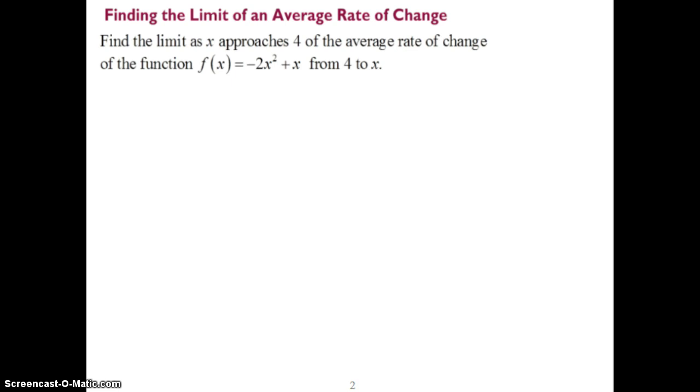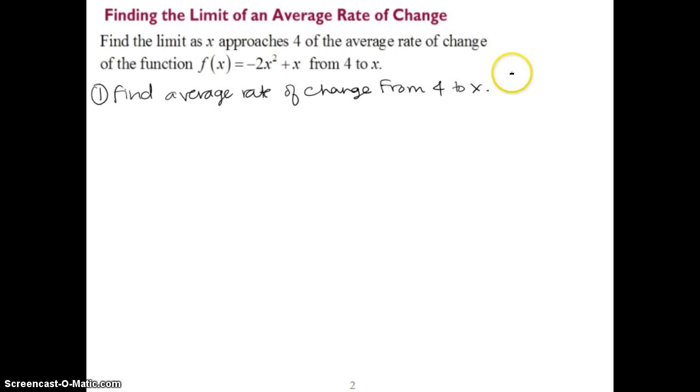What we need to do first is find the average rate of change from 4 to x. So to do that, first let's assign our x and our c. x is going to be x in this case, and then c is going to be 4.